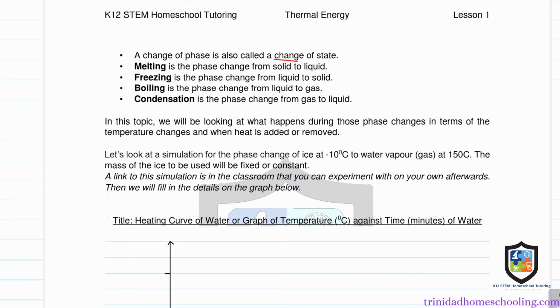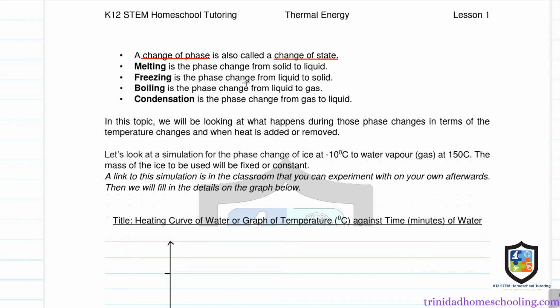So you learned about change of state when we did the topic states of matter. Now, a change of phase is also called a change of state. So in this lesson and in future lessons, you will be hearing about change of phase. Some of these processes where there's a change of state are, for example, melting, which is the phase change from solid to liquid.